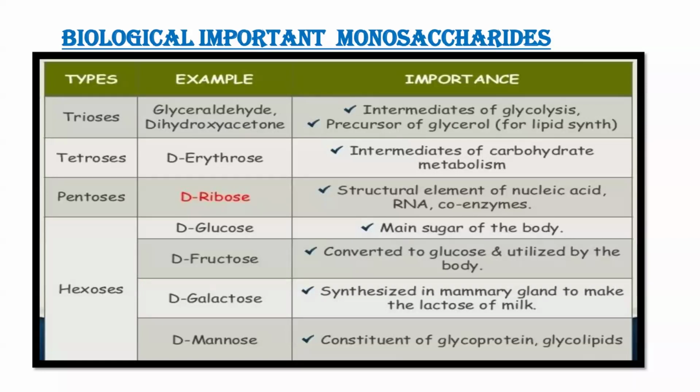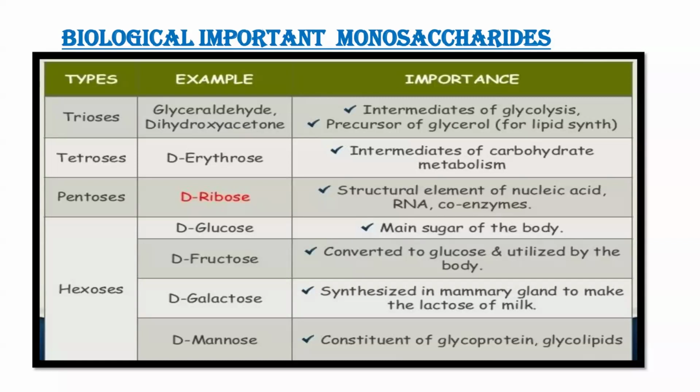So D-ribose is a structural element of nucleic acid, RNA, and coenzymes. Remember from our previous classes, we talked about the components of nucleic acid. And among these components of nucleic acid, we have ribose sugar and deoxyribose sugar. So that is why D-ribose is used as a structural element of nucleic acids.